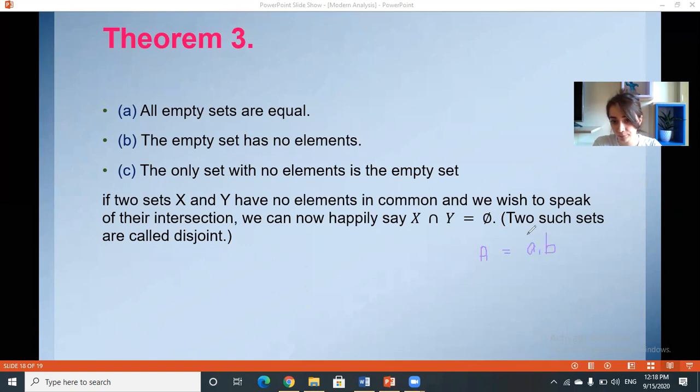And let B have the elements c and d. You see, they have no common elements. And the intersection of these two sets is equal to the null set, just the empty set. Okay, these two sets are called disjoint sets. Disjoint means having no common element.